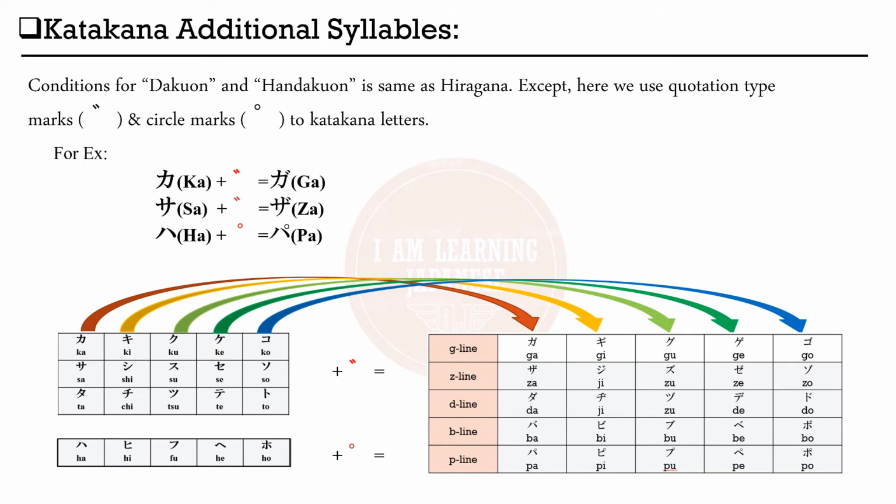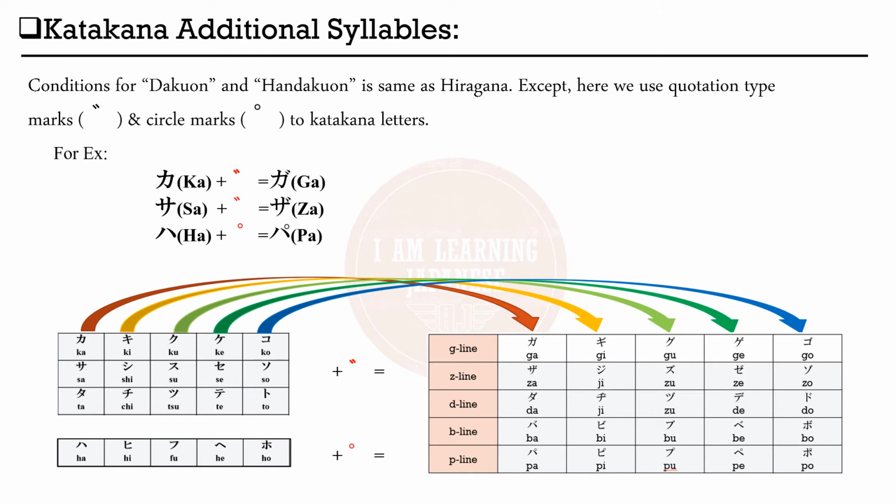Now in the example shown here, you can see there are no separate letters for these handakuon and dakuon. Instead, you have to use the existing letters along with a small marking like a quotation type marking or a circle marking. You can see in the example the letter ka added with a quotation type marking.